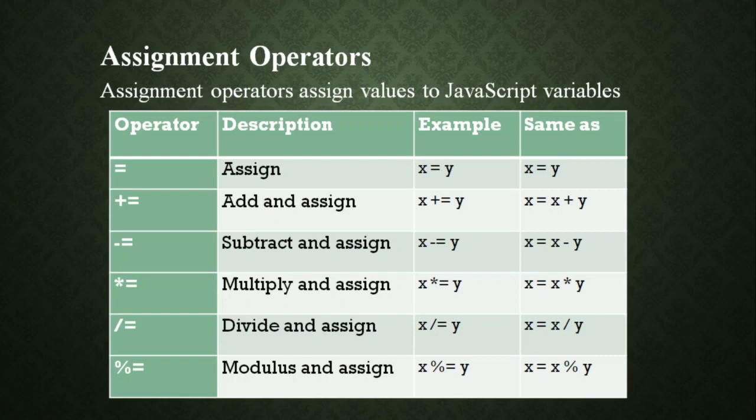See in this example, plus equals to add and assign. x equals x plus y is similarly written as x plus equals y. This is called shorthand notation. Similarly, subtract and assign, multiply and assign, divide and assign, modulo and assign.